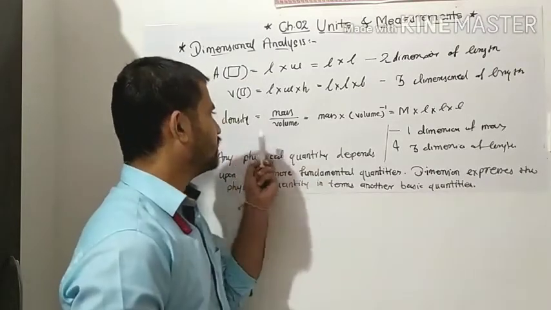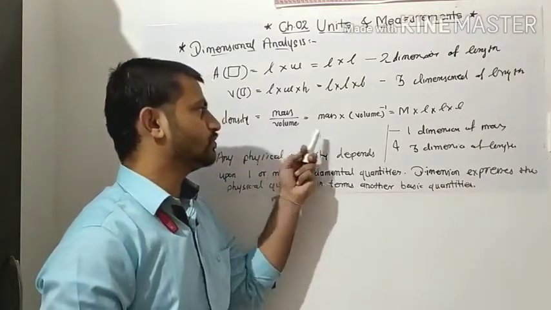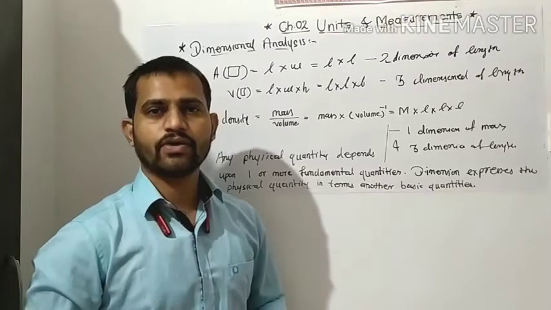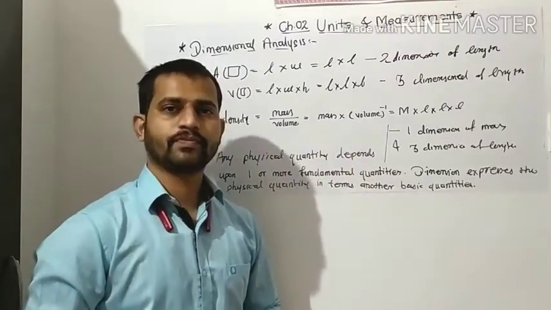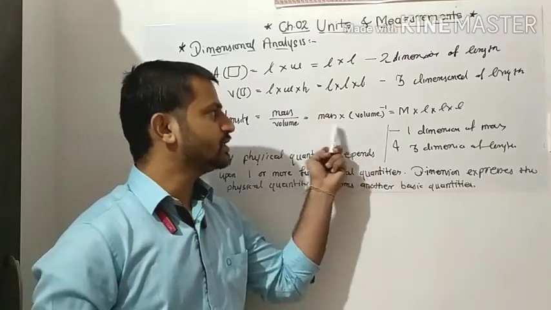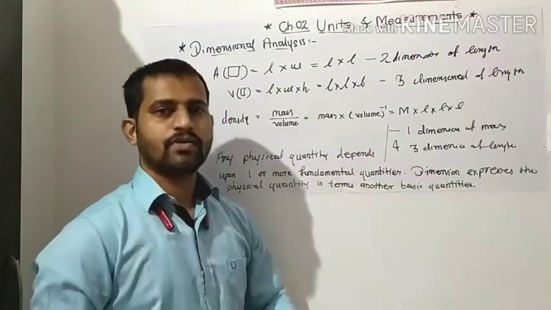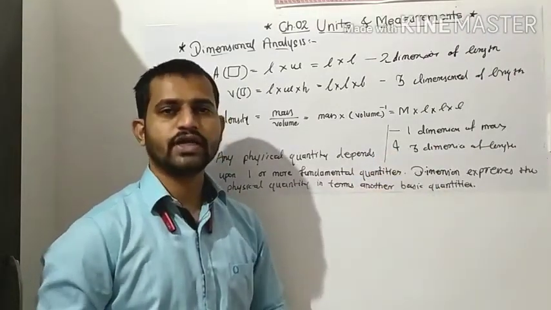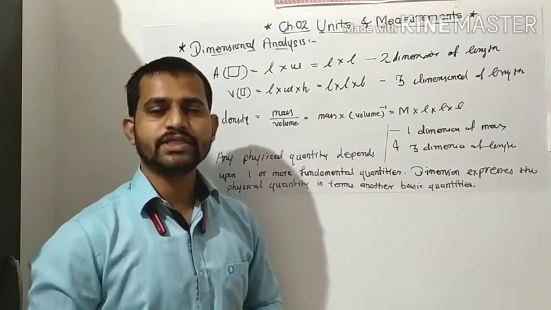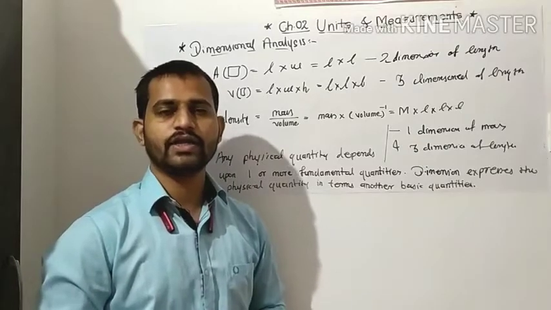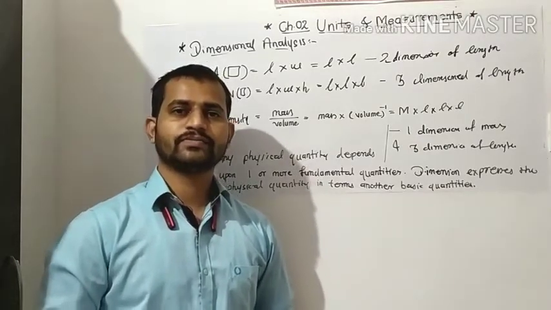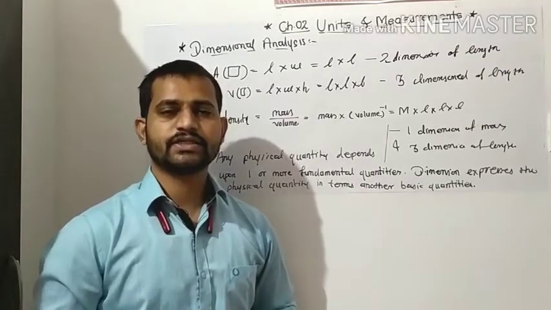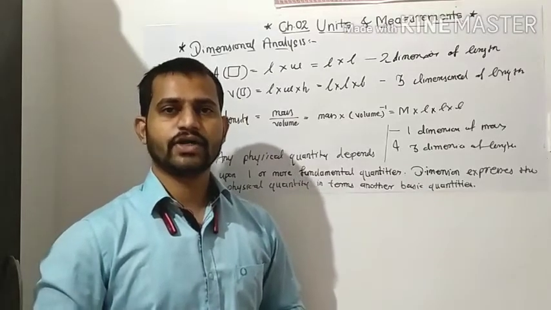For density, we have to go for the mass and also the volume, and volume is nothing but length. So density depends upon two fundamental quantities, mass and volume, with one dimension of mass and three dimensions of length. Dimensions are the characteristic of any physical quantity which expresses it in terms of its basic quantities and their multiples.